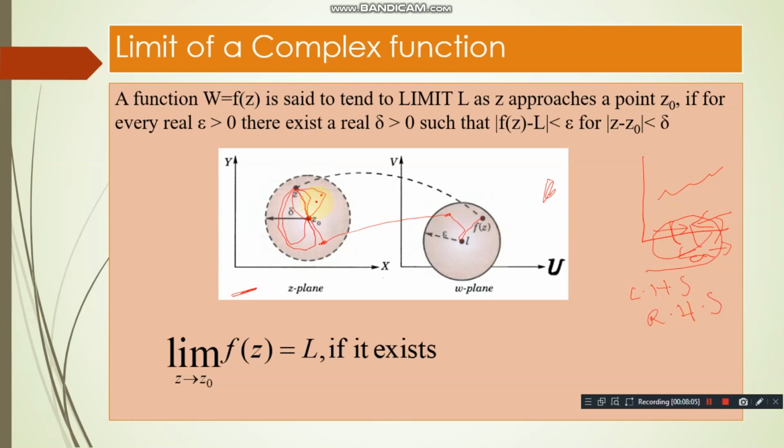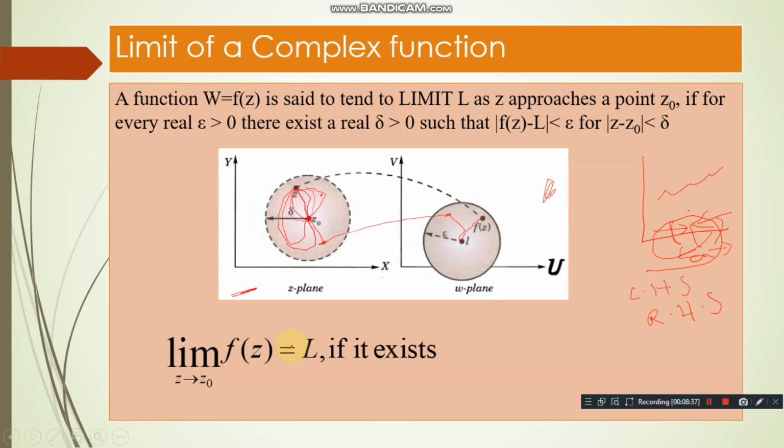When we come to a complex function, to define or verify a limit as z approaches z0, there are infinite number of ways along different paths. The corresponding function f of z must approach the same value L, which should be unique. Then we say that f of z has a limit L as z approaches z0. That is the difference between the limit of a real function and the limit of a complex function.